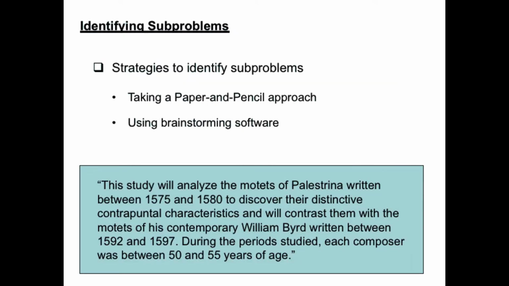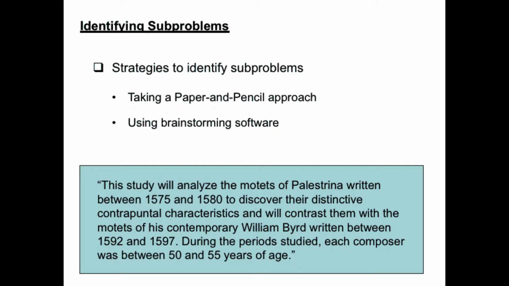The book gives some tips about identifying subproblems, and one of the illustrations in the book is with the problem given in the slide that you see here. This is a proposal to study the motets of Palestrina and to compare the counterpoint in those motets with the motets of William Byrd.